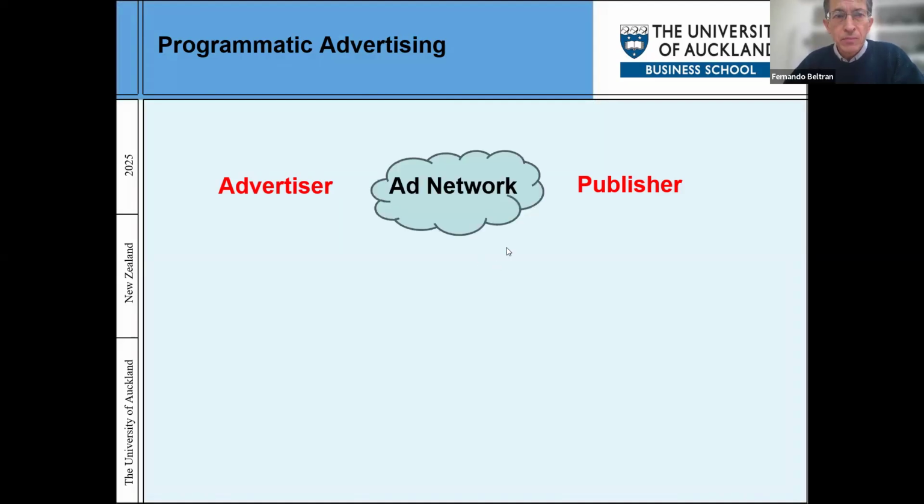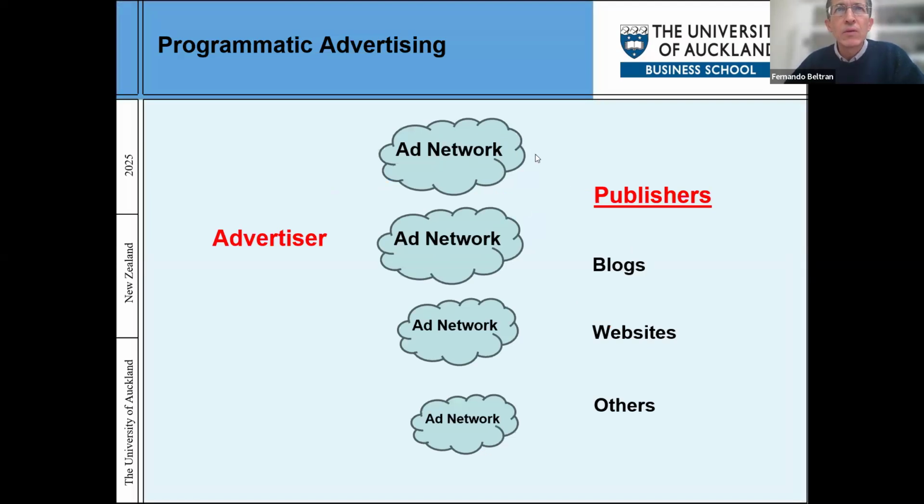But as the digital era started to develop big time, there were parties interested in placing themselves in the middle, called ad networks. Advertisers and publishers are being mediated by an ad network, an example of which is Google Display Network. Well, it's still around, but under another name.